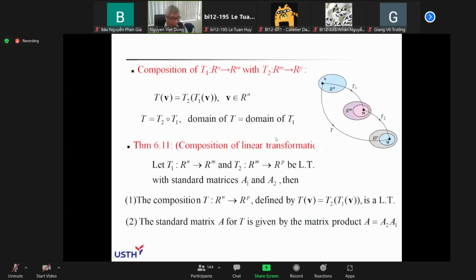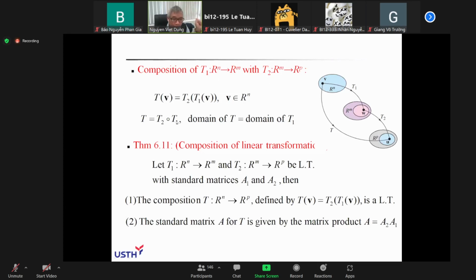And then next we study the composition of two mappings. Suppose that we are given two mappings, T1 from Rn into Rm and T2 from Rm into Rp. Then we can get the so-called composition of T1 and T2.